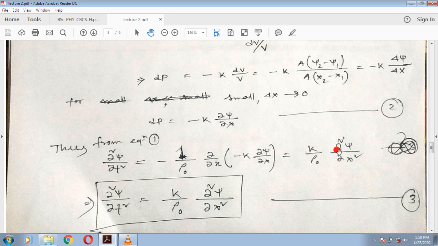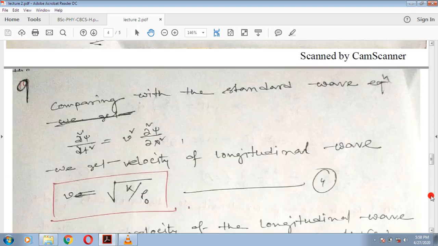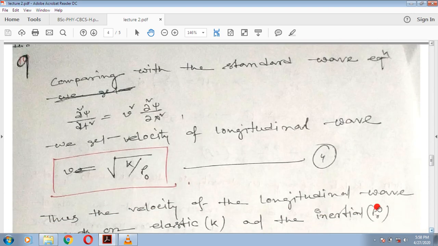So substituting this pressure expression in equation 1, means here, if we replace that dP, then we have this expression, and this is the wave equation representing longitudinal wave through gas or fluid enclosed in a pipe. If we compare this equation with the standard wave equation, del 2 psi del t square equal to v square del 2 psi del x square, then we obtain v equal to root over k by rho naught.